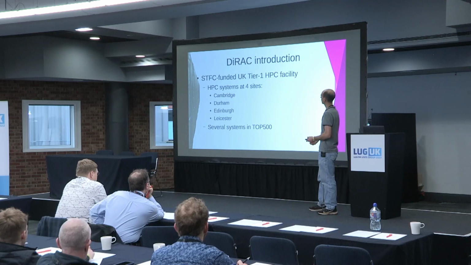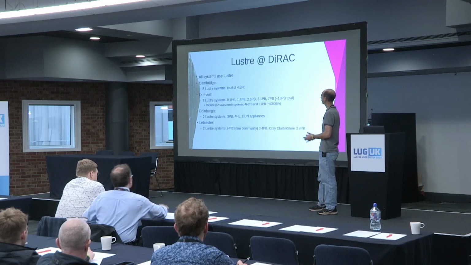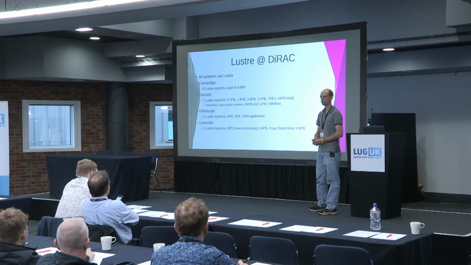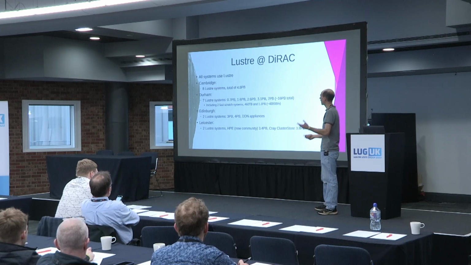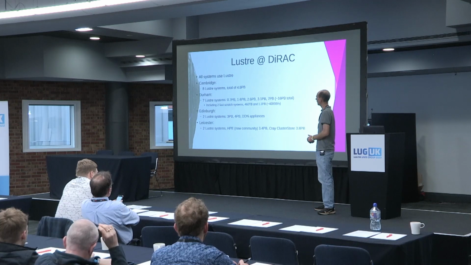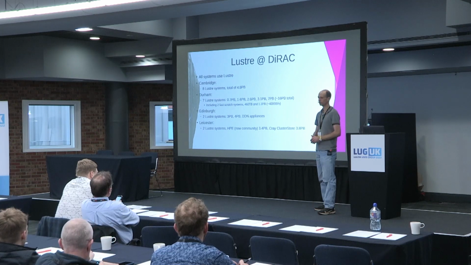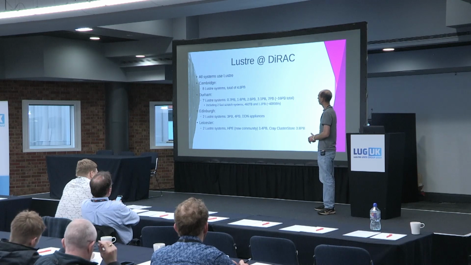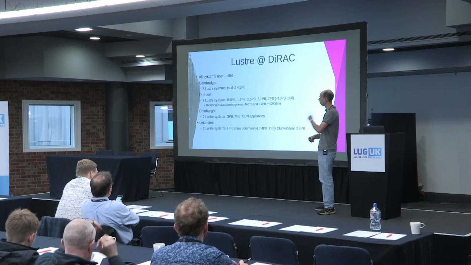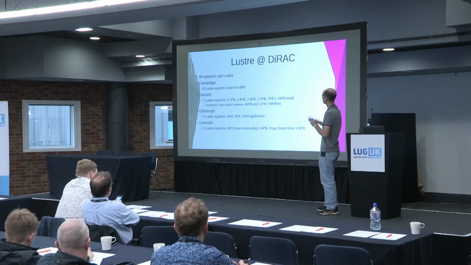Now, basically a summary of what we have. All of these systems use Lustre. That hasn't always been the case, but as of now, all of them use Lustre. In Cambridge, for example, we have 8 Lustre file systems, totaling nearly 5 petabytes of data. There's more than that in Cambridge; this is just the quota that's available to DiRAC.